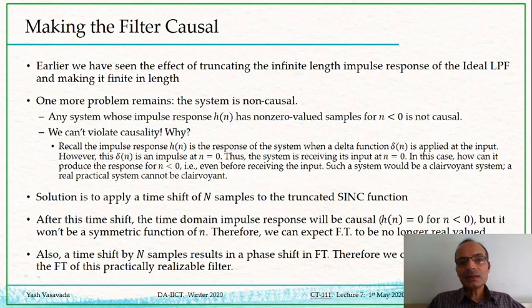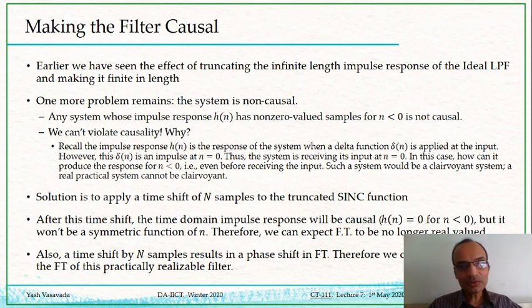But let us consider maybe one or two examples of this shift property or the complex modulation property. If you recall, when we were talking about converting the ideal low pass filter to the practical low pass filter, we were saying that there are two problems.